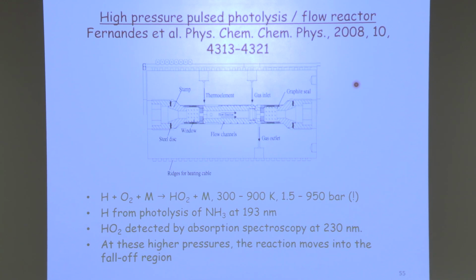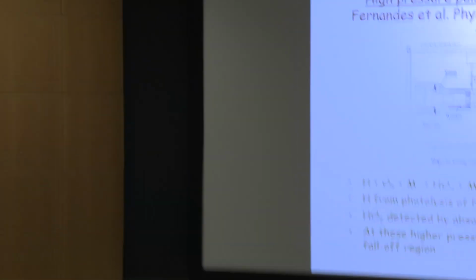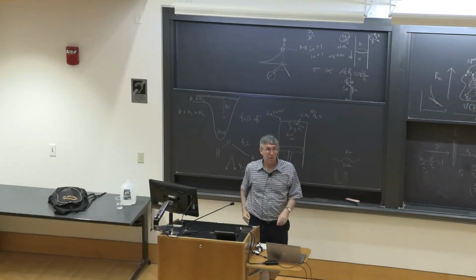And to try to understand this, people tried to vary the pressure a lot. So Ravi Fernandez did an experiment where he made a super high pressure reactor up to 950 bar to be able to figure out if you can finally reach the high pressure limit where the collisions are happening all the time and you just make it react the way you might expect from a Boltzmann kind of picture.